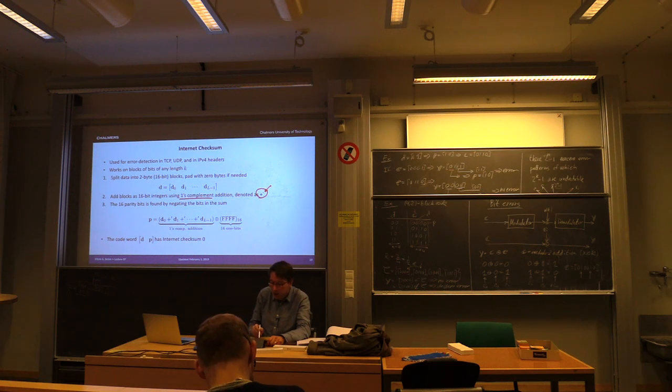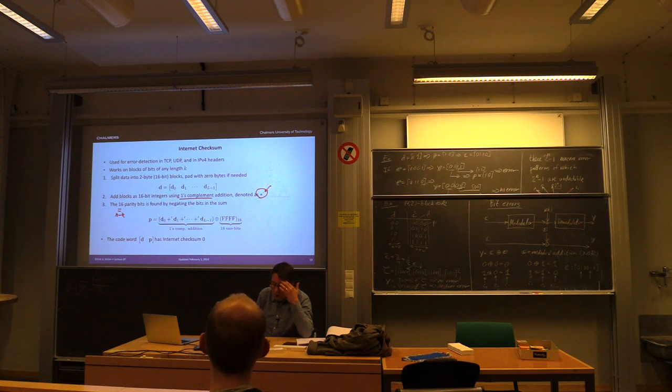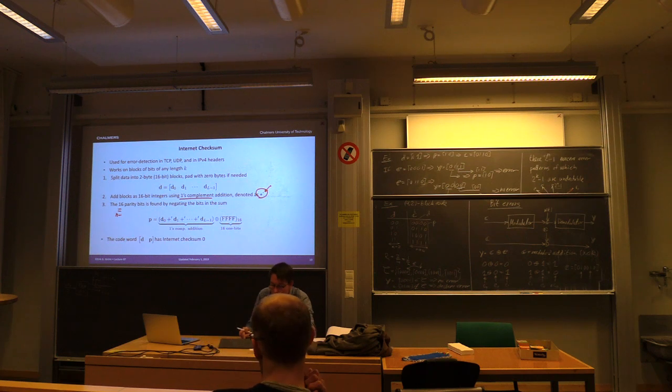Okay, and then there are 16 parity bits, meaning that this is equal to n minus k, 16 parity bits. And we get that by adding all the data blocks, one's complement, and then we do modulo 2 addition with FFFF.